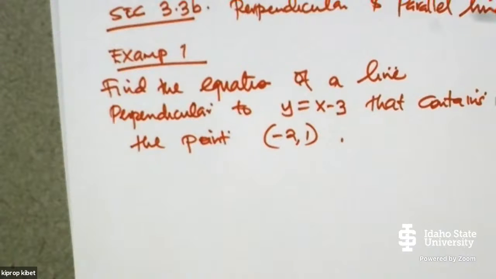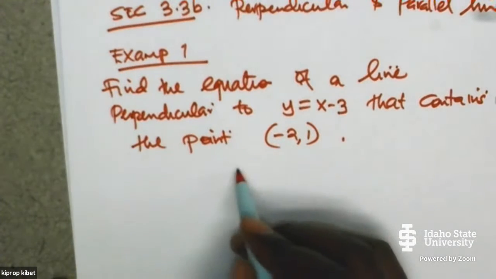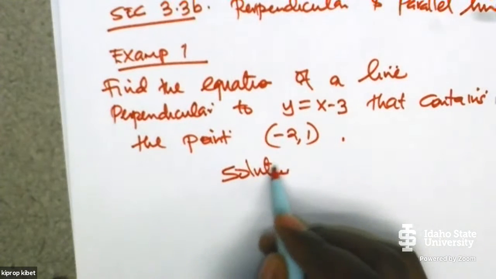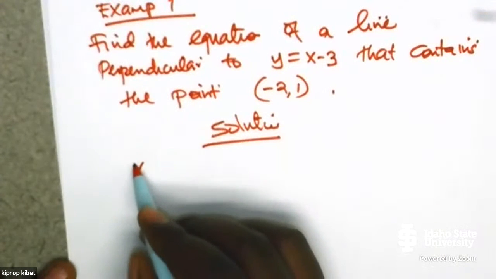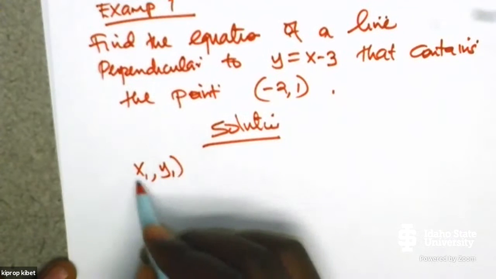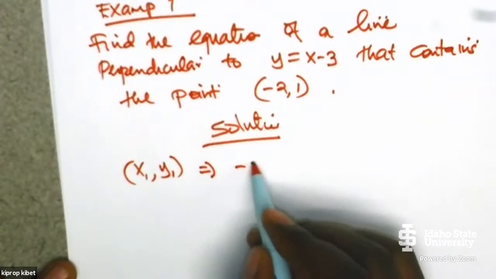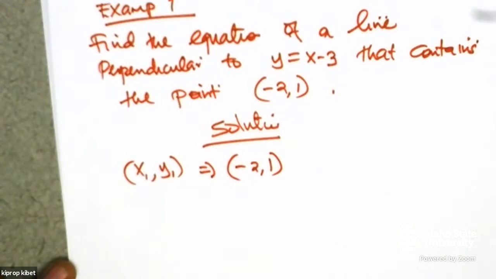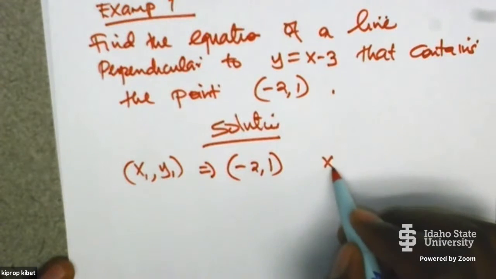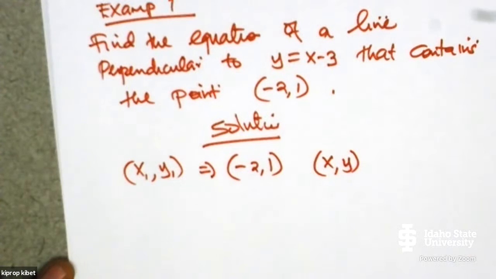So what do you do from there? If it is perpendicular, then you need to get the gradient, right? So you have the point. Solution: we have our point, which is x1, y1, and this point is -2 and 1, right? We choose the point x, y.